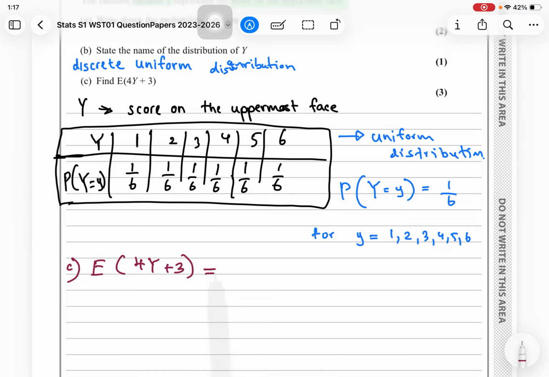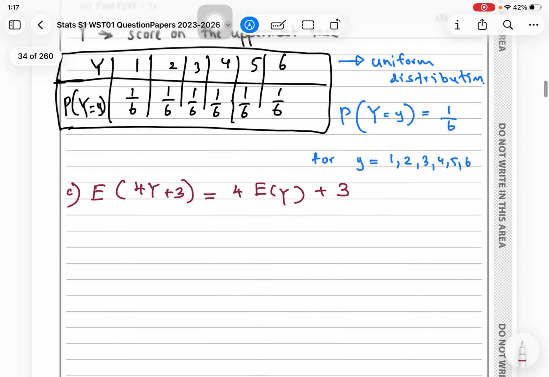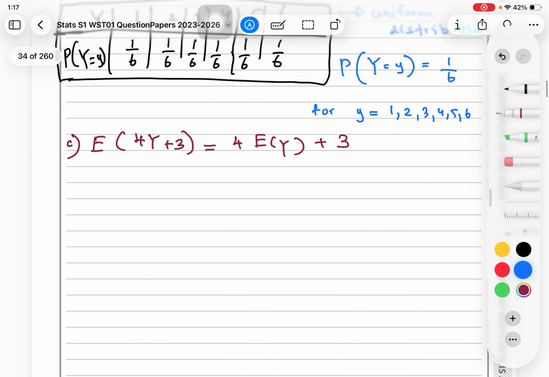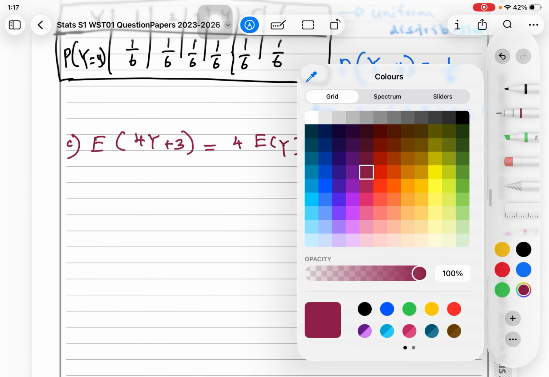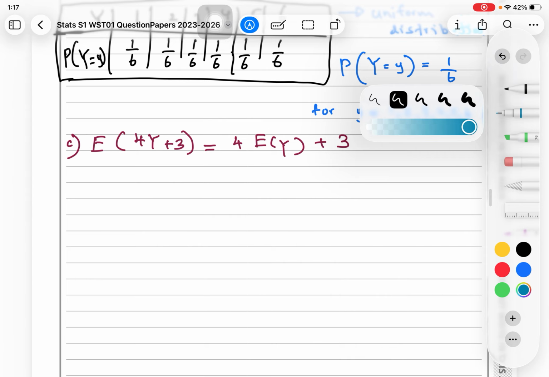So what we can write is 4E(Y) + 3 separately. Our goal is to find E(Y) and substitute it back here. So let me take another color. How do we get E(Y)?